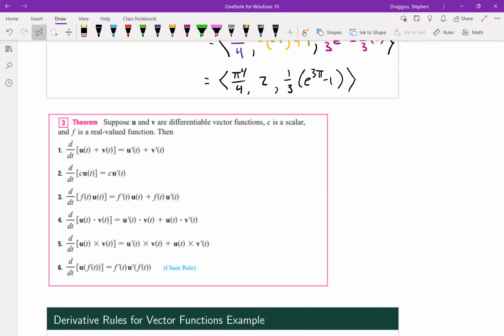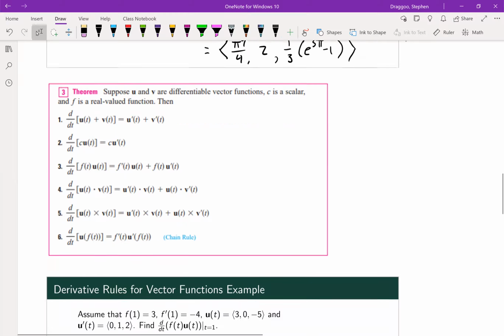We also have a product that is the dot product of 2 functions, and that'll also work out quite similarly. And then also the cross product was the third sort of product we had for vector functions. And again, each one works out to be much the same. We just take derivatives of the component functions one at a time. Plus we also have a chain rule, which works pretty much just the same way that it would back in Calc 1.